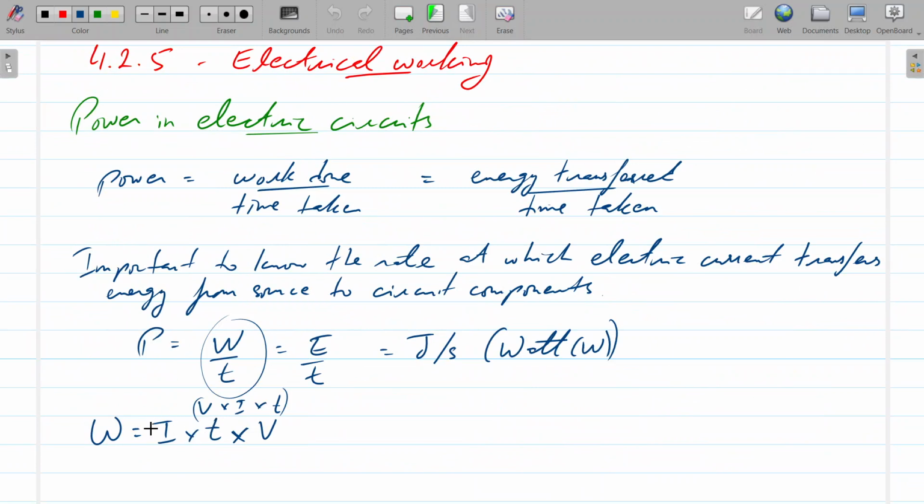And so if we plug this into power equals to work done over time, that is I into T into V over T. And so what's going to happen is T gets cancelled out. And so you end up with P equals to IV, which is current times voltage. Let me just write that over here.